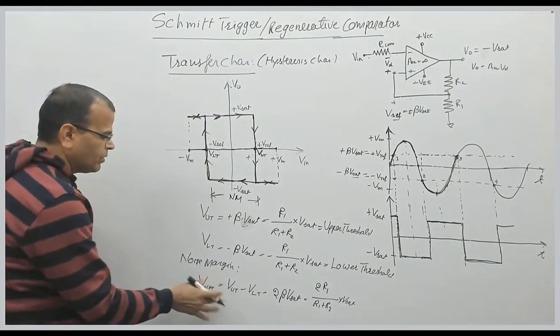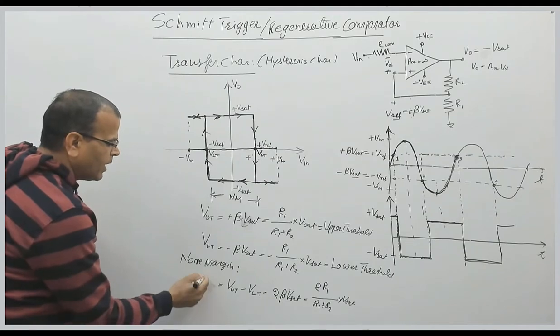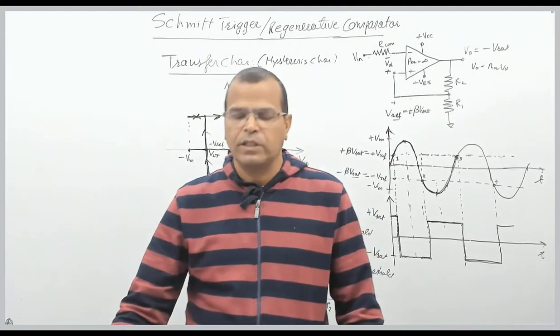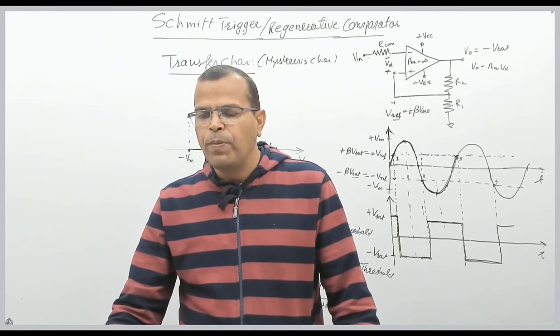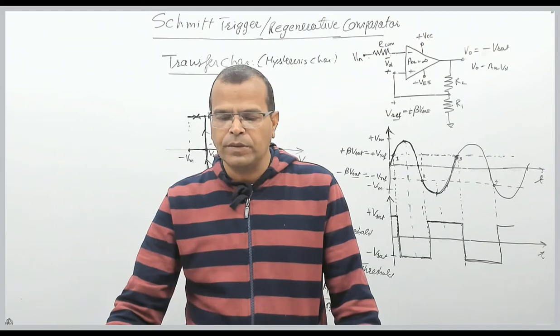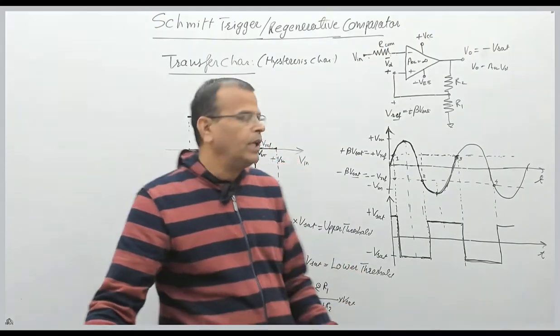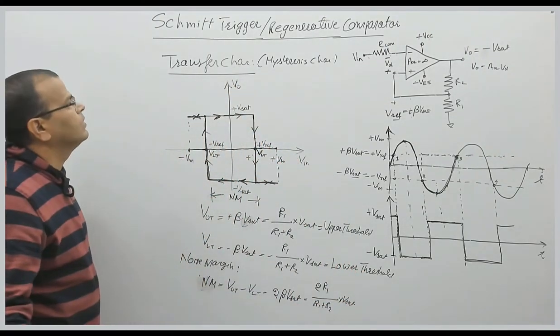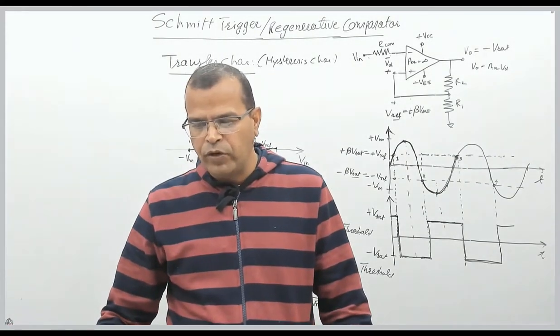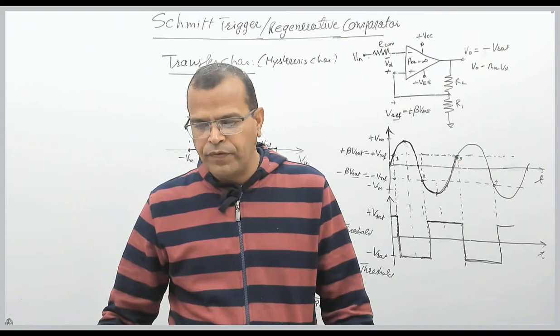This is called noise margin. You can sometimes write it as NM also, noise margin of the circuit. Fine. So you will find a lot of questions based on this, basically the noise margin of the Schmitt trigger. I hope the concept is clear and you will be able to handle the different questions based on this circuit.